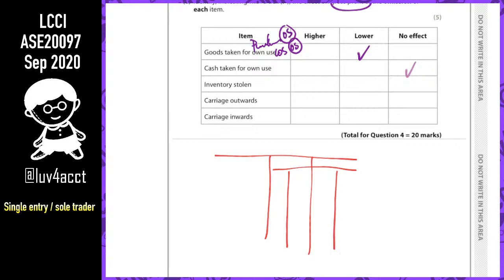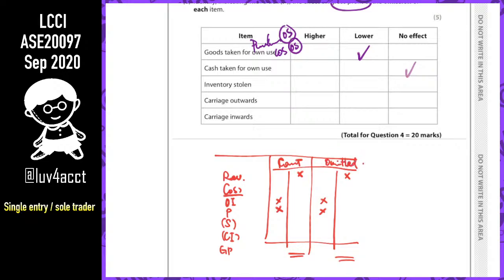So we have revenue, cost of sales: opening inventory, add purchases, less stolen goods, closing inventory, and then gross profit.